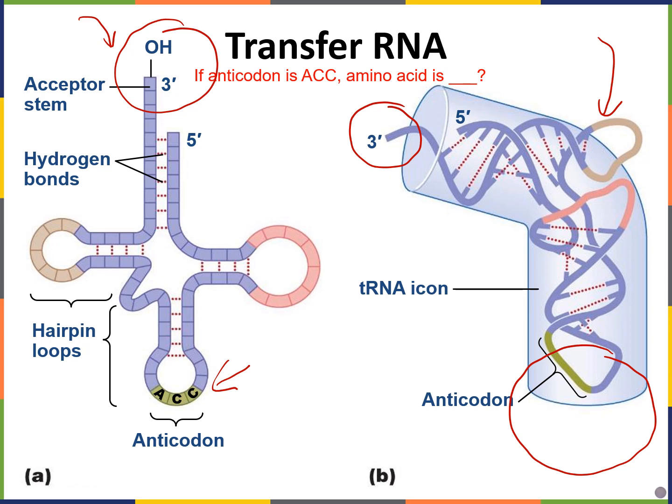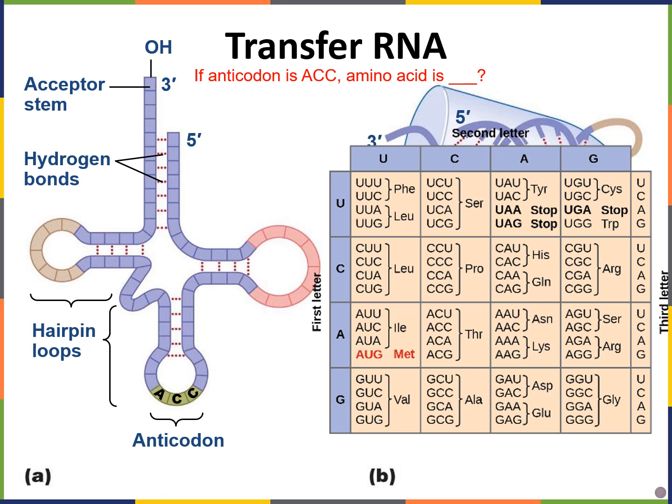If the anticodon is ACC, what do you think the amino acid is? So I would give you the codon chart. Let's see in the next slide. So here is my codon chart. Again, this is the genetic code. If this is my anticodon, then what that means is I know my messenger RNA, where the codons are housed, would be complementary. So A pairs with U, that would be UGG.